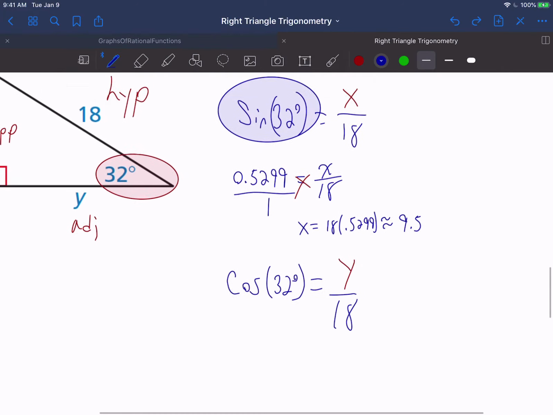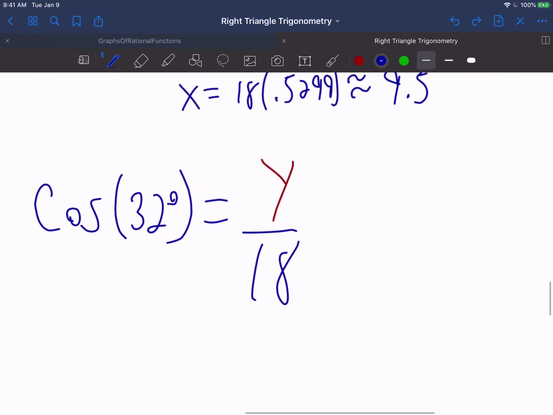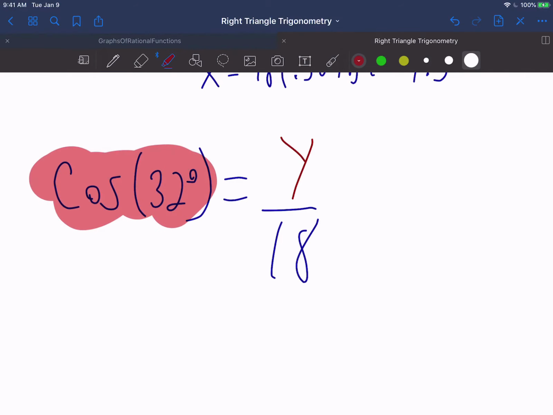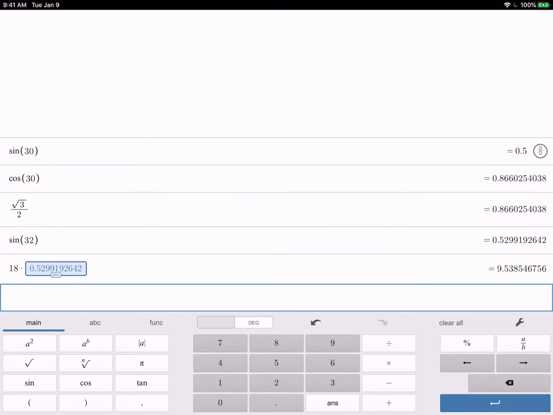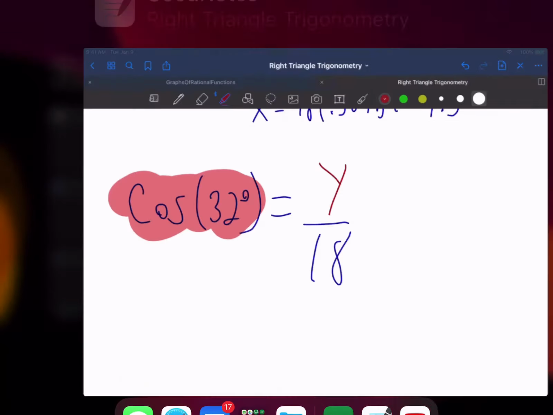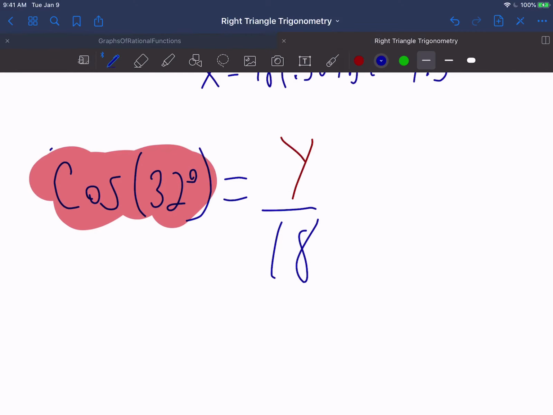Okay, so with this next scenario with cosine of 32, I know that the cosine of 32 represents a number. I can go look over on my calculator and say, okay, what's the cosine of 32? And it's going to tell me it's 0.8480. So I know that this is 0.8480.